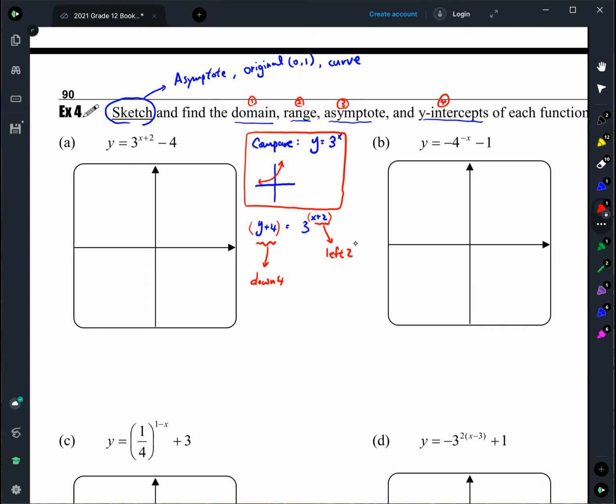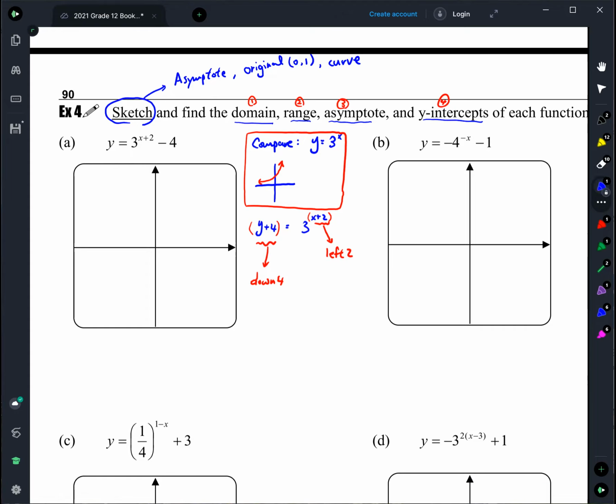So you can use the transformation idea. That's why you don't need the table of values. If you use a table of values, you don't know where the center is. You might only be drawing the far ends of the graph and not get the main part.